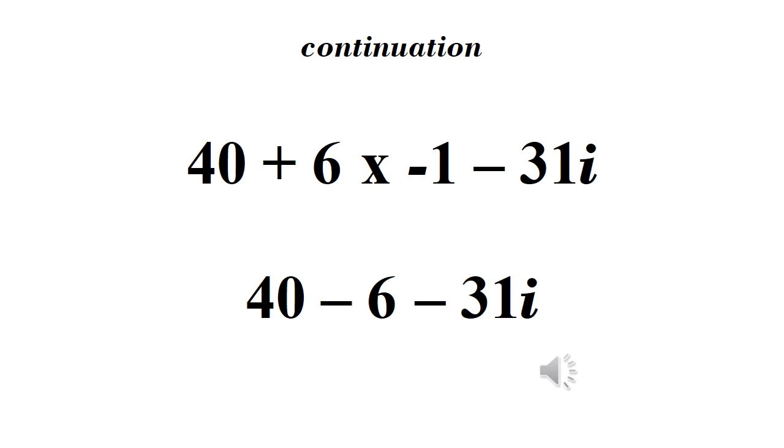So we have 40 plus 6 multiplied by minus 1 minus 31i.